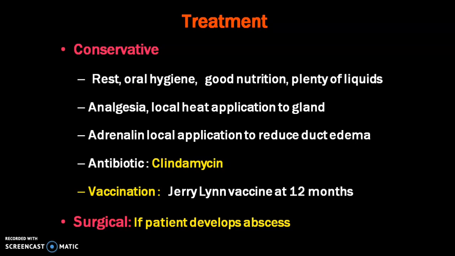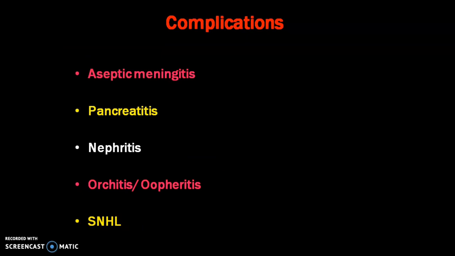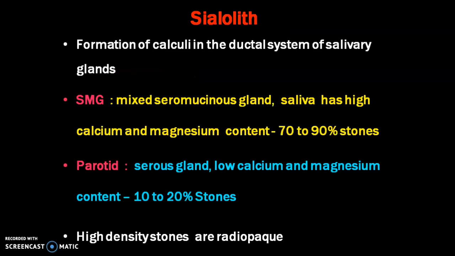Vaccination can be done at the age of 12 months. And if the patient develops an abscess, we have to go for drainage. Next, complications can occur due to mumps, because the virus is the paramyxovirus. Aseptic meningitis, pancreatitis, nephritis, orchitis or oophoritis, and sensorineural hearing loss can be there due to this parotitis.